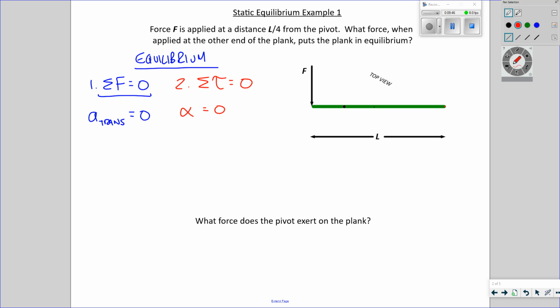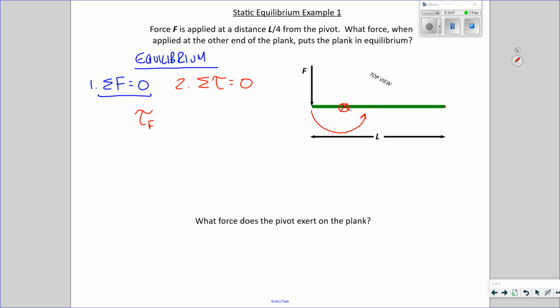So we're going to start with a net torque statement, and that statement looks like this. There is a torque created by F. Now, F would tend to make this object rotate that way about this axis. We don't want it to rotate that way, so what we need is a force that would tend to make the object rotate the other way.